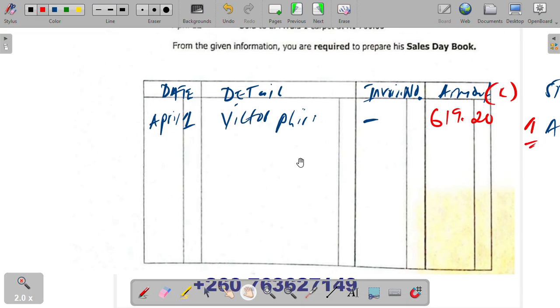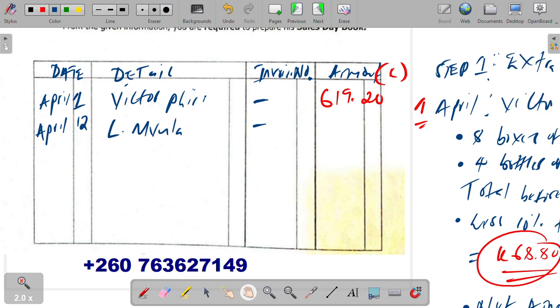Okay. What about April 12th? What happened? April 12th, Mvula was sold a carpet. Mvula, what's our invoice number? We don't know. Or we have, but we haven't recorded.